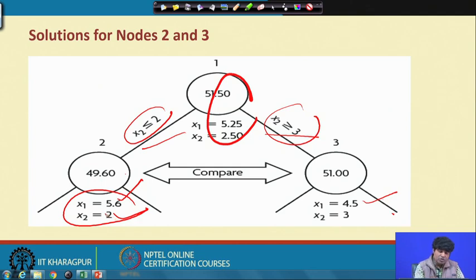So, now using x 1, we will have two different branchings. One is x 1 less than equal to 5 and another one x 1 greater than equal to 6, and similarly here one constraint will be x 1 less than equal to 4 and the other one will be x 1 greater than equal to 5.